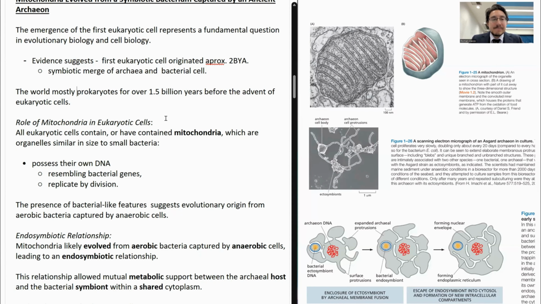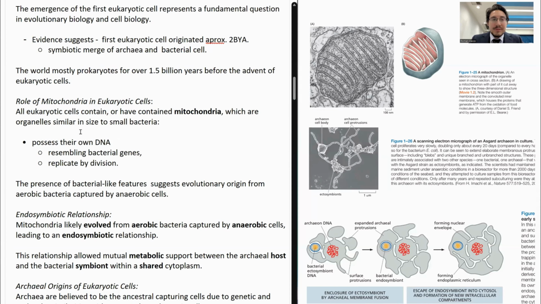And for the first couple of billion years, if I can say that, because it's such a long time, the world was pretty much only prokaryotes, for over 1.5 billion years.